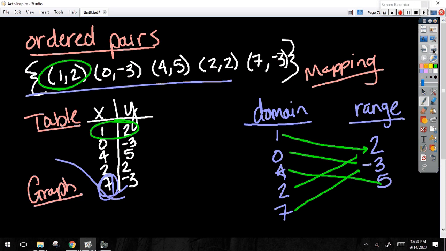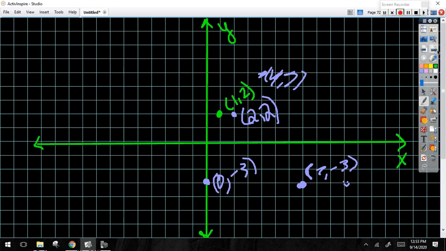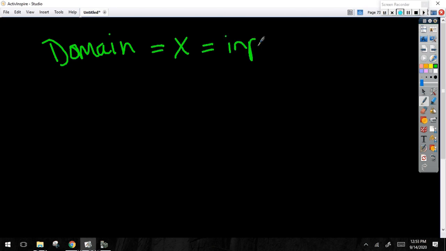All right, so I gave you several names. I told you that domain was the same thing as X, the same thing as input. Now I'm also going to tell you it's the same thing as the independent variable.